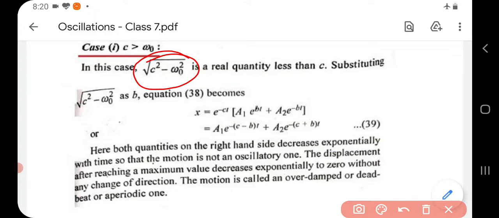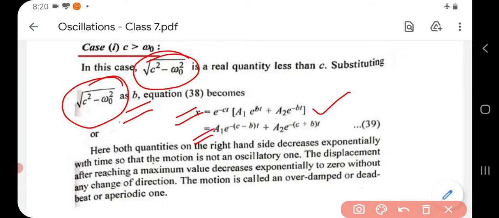Now, in equation 38, you just replace this root of c square minus omega 0 square with the letter b. Then equation 38 reduces to this one. Then rearrange the common terms here, so you will get equation 39.